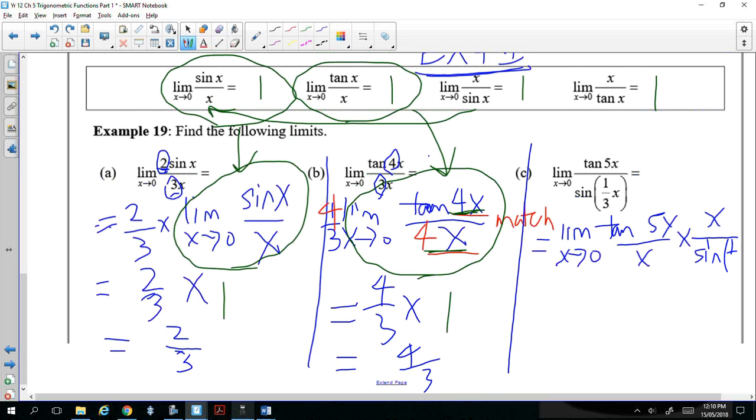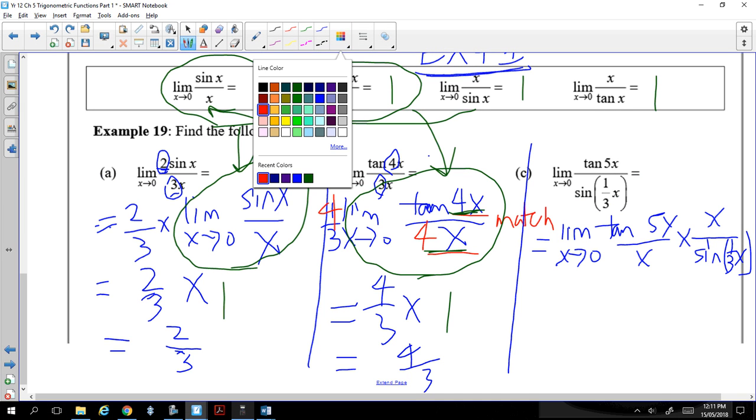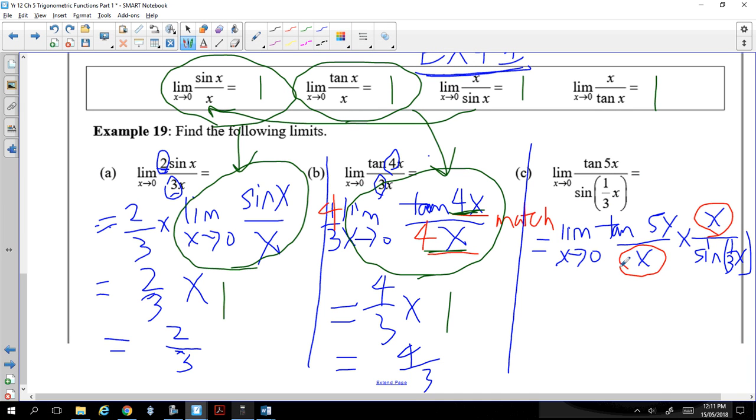I put an extra x in the numerator and an extra x in the denominator, so they cancel out. Then you can split that into 2 parts. So you write limit as x approaches 0 of tan 5x over x times the limit as x approaches 0 of x over sine 1/3 x. So once you have an x at the bottom and x on the top, you can use one of these 3 formulas.